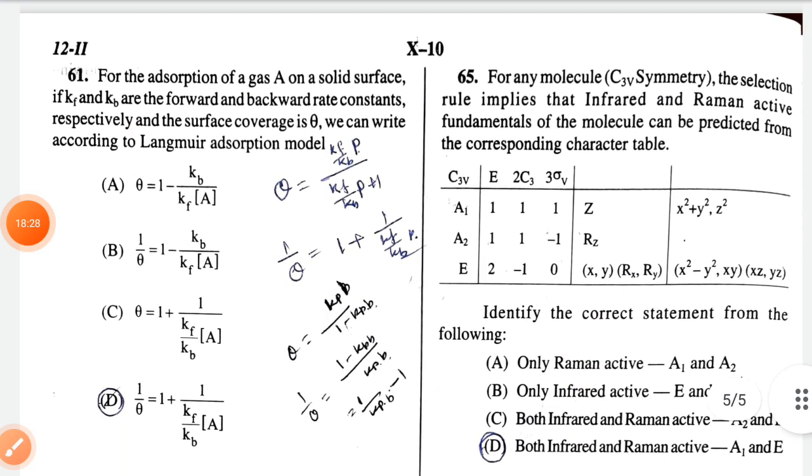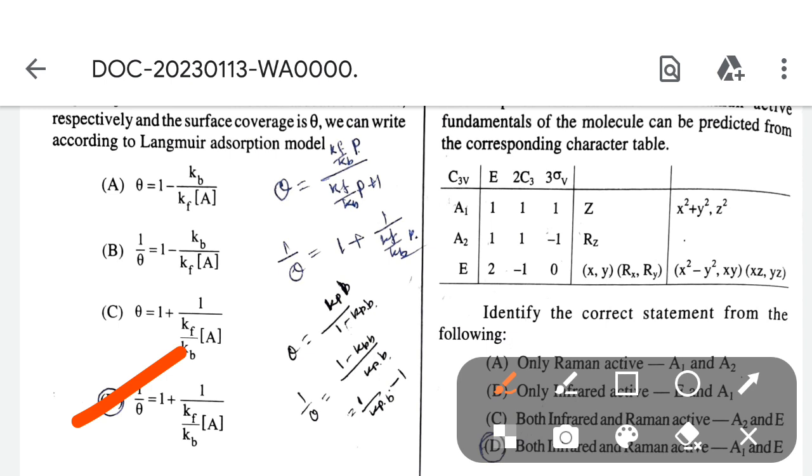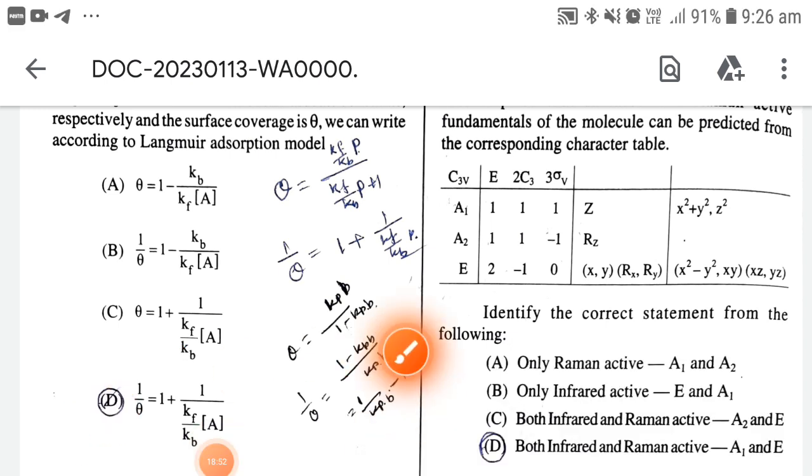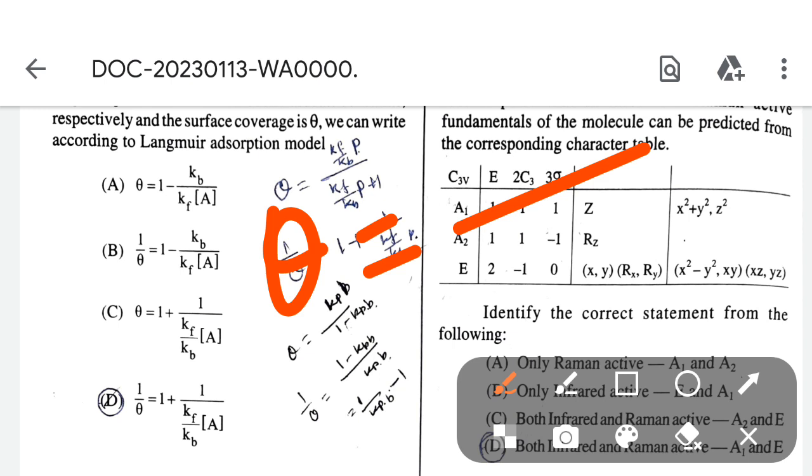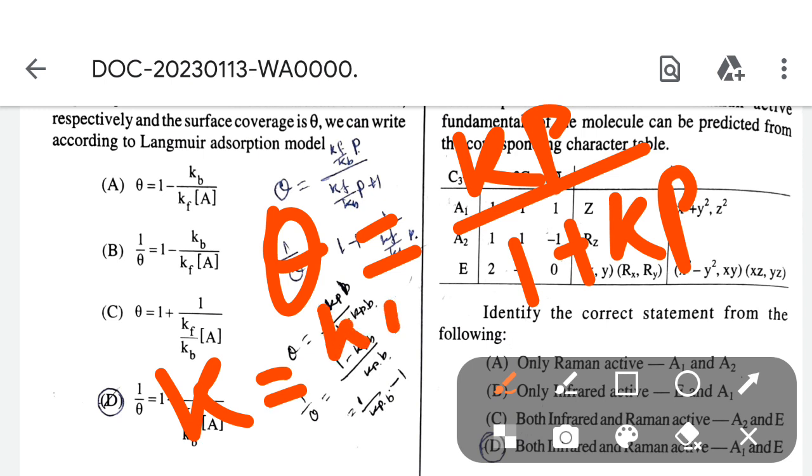Next, 61. For the adsorption of a gas A on a solid surface, if Kf and Kb are the forward and backward rate constants respectively, and the surface coverage is theta, we can write according to the Langmuir adsorption model, that is option D. The actual equation is theta is equal to KP upon 1 plus KP, and K is equal to K forward by K backward.